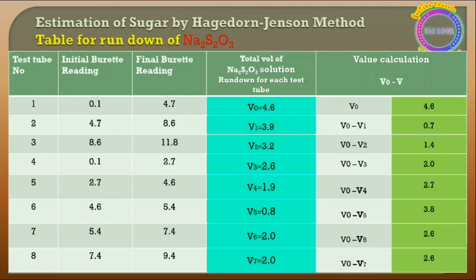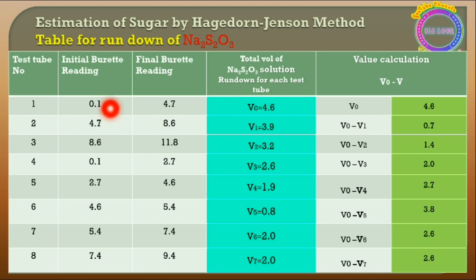Well guys, in this slide we are going to discuss the run down of the sodium thiosulfate. I hope you know how to take the initial burette reading and the final burette reading. If you take a test tube for the titration, you are going to run down the solution which is present in the burette.